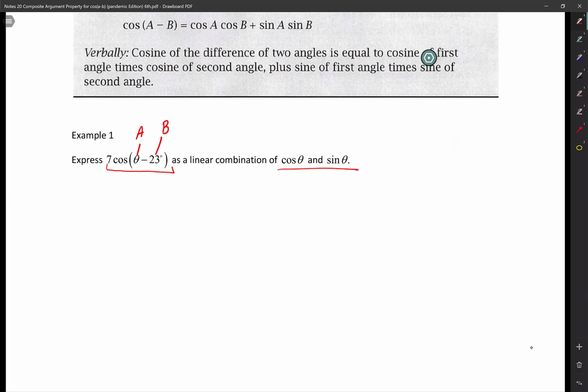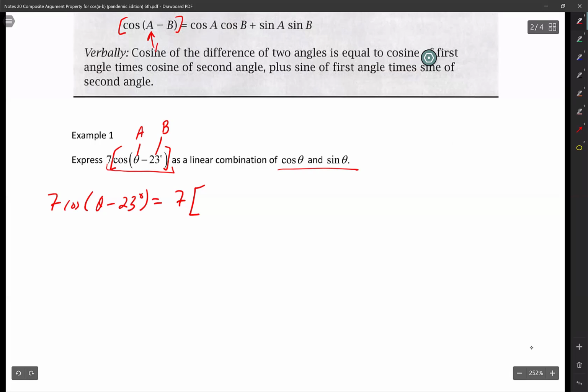Now I can rewrite it: 7 cosine theta minus 23 degrees is equal to 7, and I'm going to put a bracket. What am I doing? Cosine, the theta is like A and the 23 is like B. So this says cosine A, so cosine A is cosine theta.